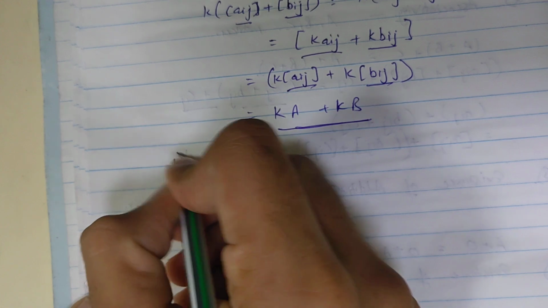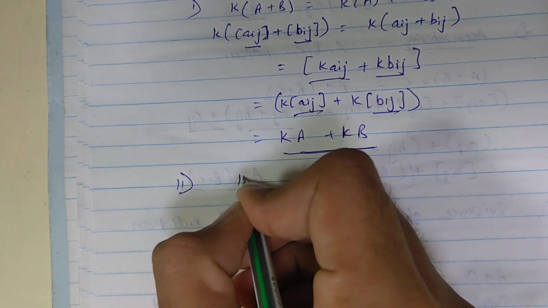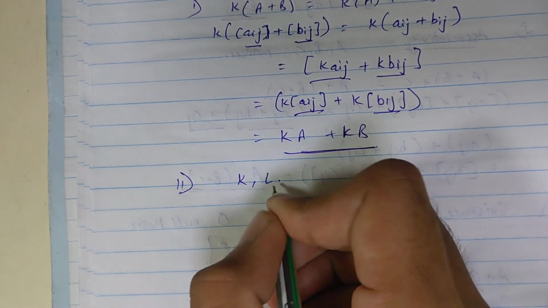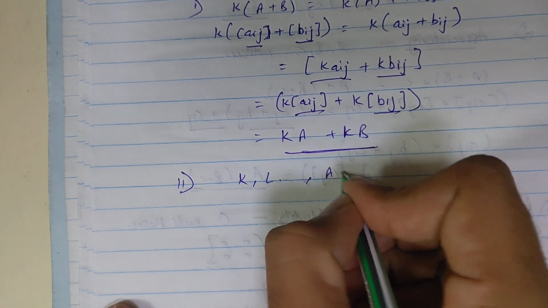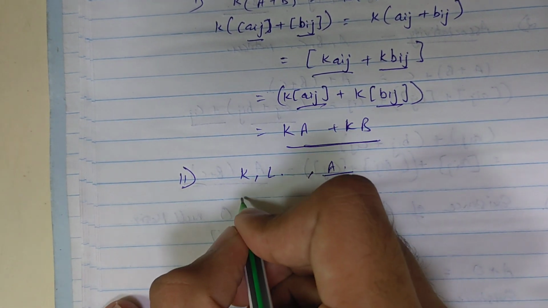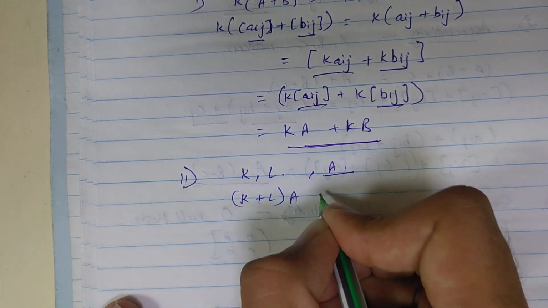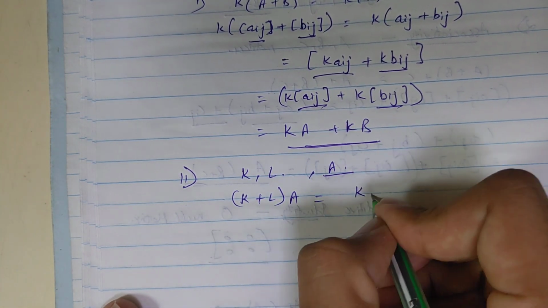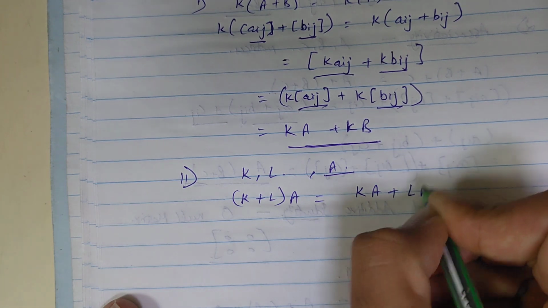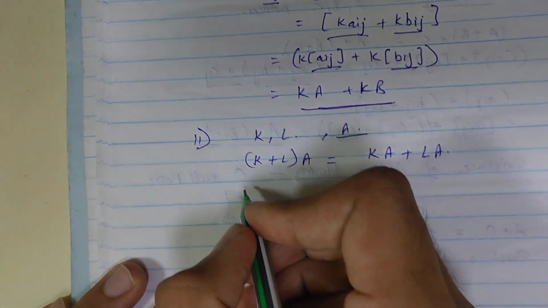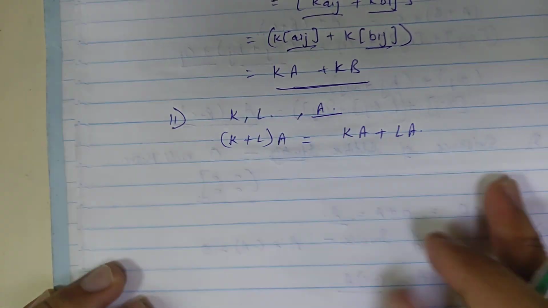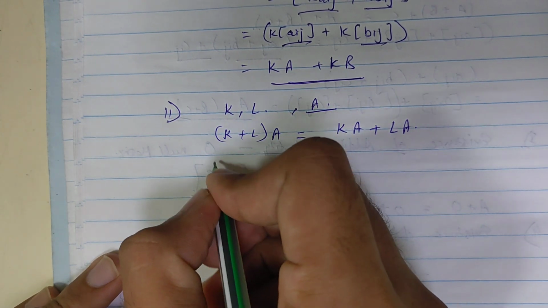Okay, so the second one is, suppose there are two scalars K and L and a matrix A. Okay, so K plus L into A will be equal to Ka plus La. Okay, so how we will do it?